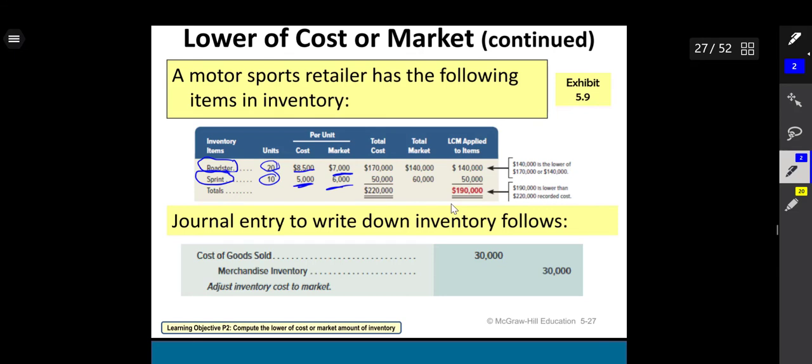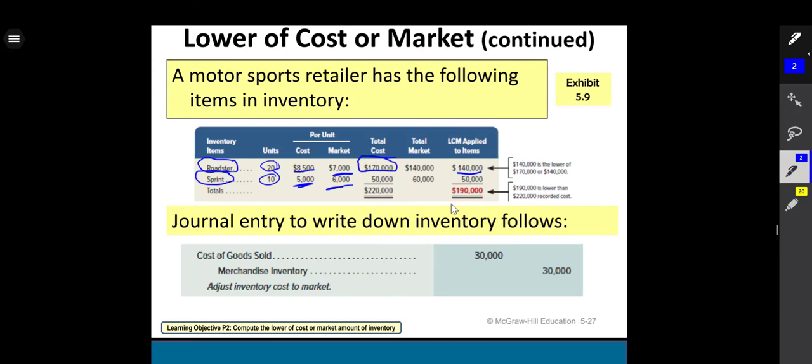See, the cost is $1,500 per item higher than what the market says. The total cost that they have in inventory here is $170,000. The total market will be $140,000. What this means is you need to adjust the value of the inventory for this item. If the market value will only bring $140,000, then these items need to be reduced in value to $140,000.